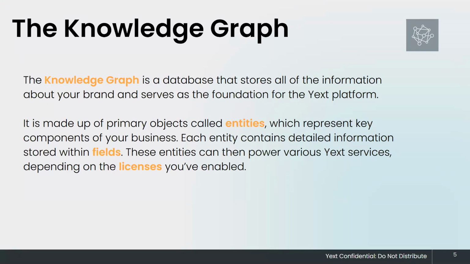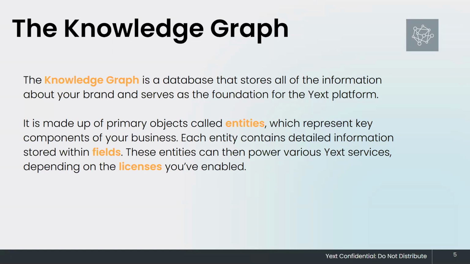The knowledge graph is a database that stores all of the information about your brand and serves as the foundation for the Yext platform and how you use it. So we tend to describe the knowledge graph as the core, the heart of the platform. It's where all of that information can be inputted and is available for you to view and edit.